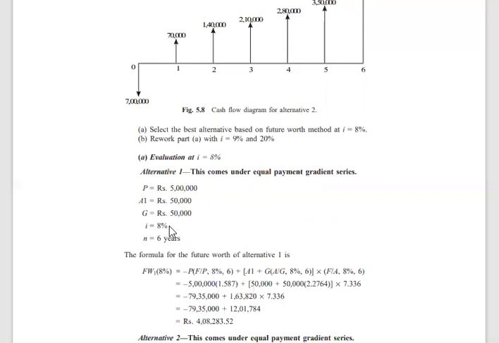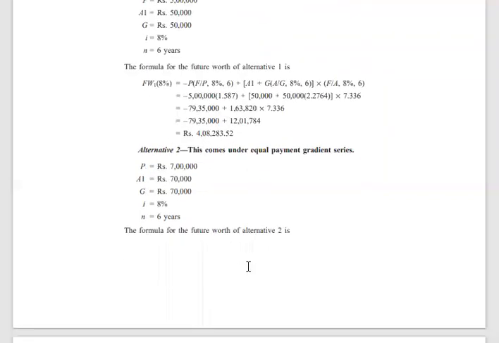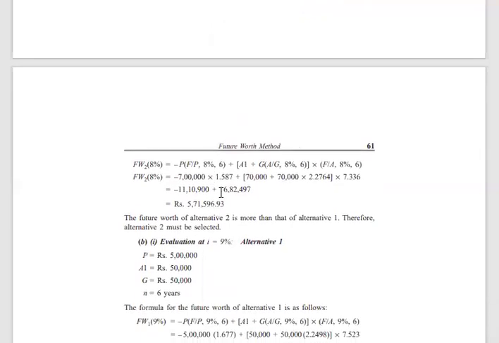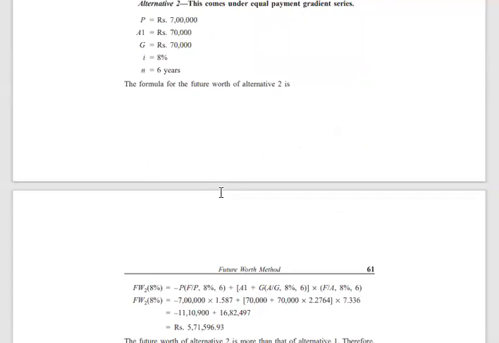So F by P with i as 8 percent and N as 6, plus A1 plus G into A by G at 8 percent with N as 6, into F by A, interest 8 percent and N as 6. Then you can solve this. Similarly for alternative 2, you can substitute the same and get the value.